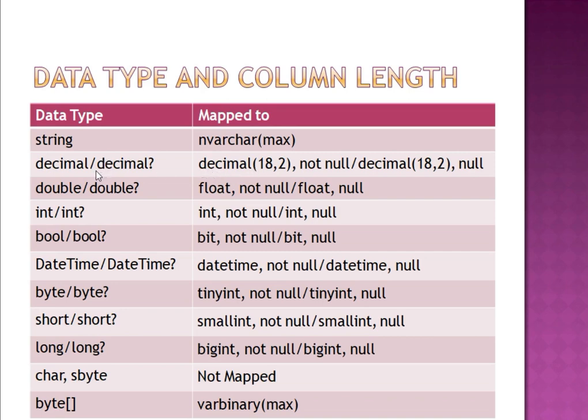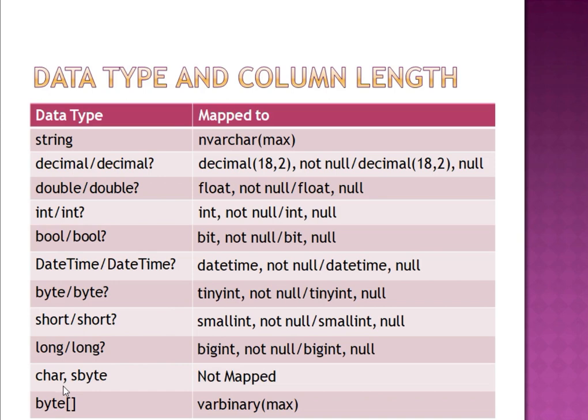But if you specify a nullable data type for decimal, which is decimal postfixed with a question mark, it is a nullable decimal data type in .NET, so that particular column will be nullable in your database also. Remember this. You can pause the video and go through these data types.